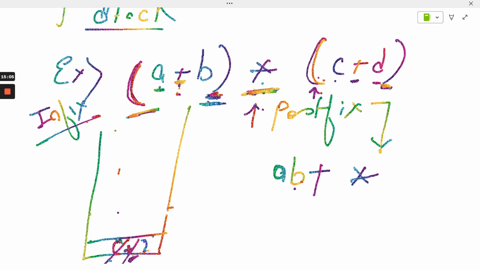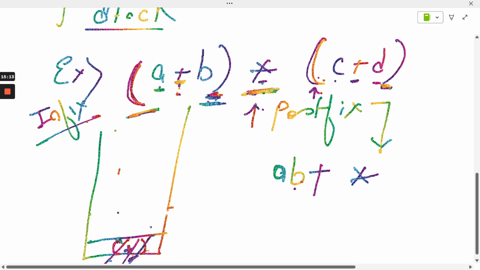We popped out this, because this has the higher precedence and this has the lower precedence, right? And then we pushed the star here. Correct? Then we pushed a star and then again we encountered this opening bracket.